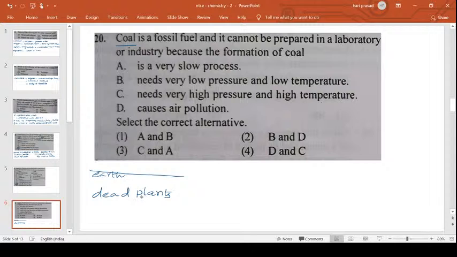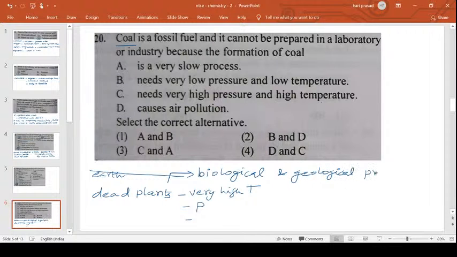If it is buried under the earth and left for plenty of days, under very high temperature and pressure, they go through the biological process and geological process.